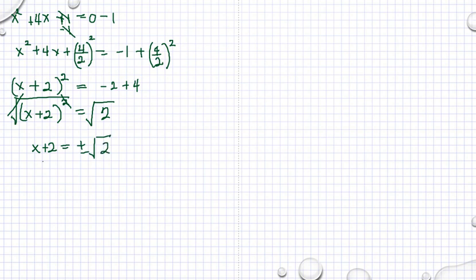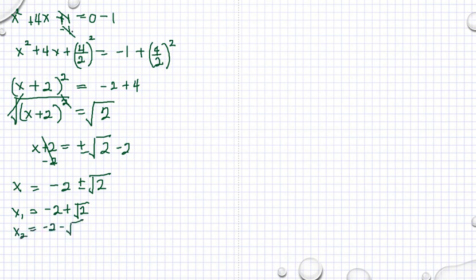And if we subtract 2 from both sides of the equation, then we have x is equal to, I will rearrange it, -2 plus minus square root of 2. So my first solution is -2 plus square root of 2, and then x sub 2 is equal to -2 minus square root of 2.